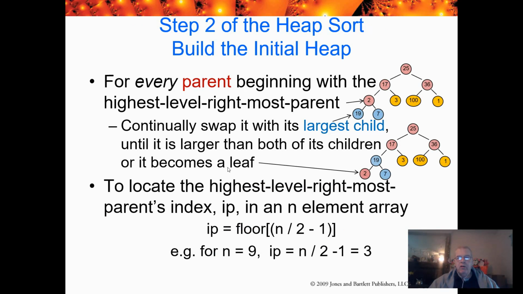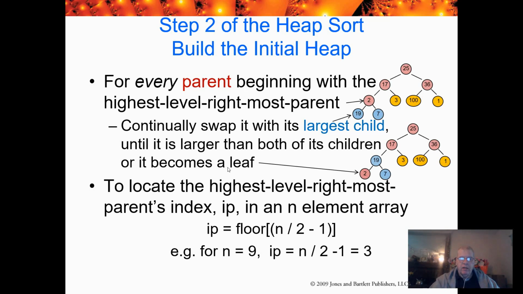It's the rightmost parent, 2. And continually swap it until it's larger than both its children and it becomes a leaf. So in this case, 2 is the rightmost highest level parent, and we look at the 3 elements and decide which one is largest, and that becomes 19.